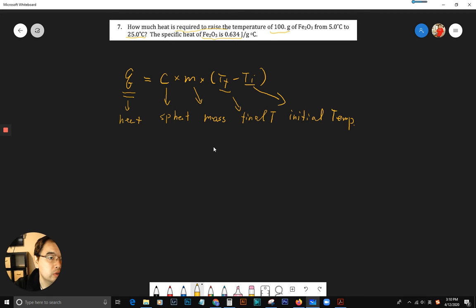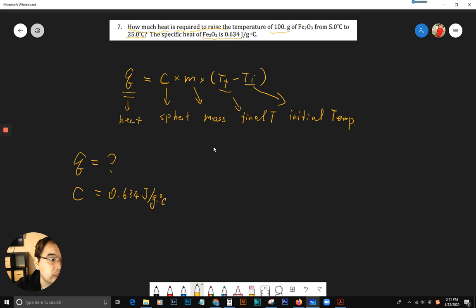Okay, so let's look at whether we have all the parameters. Do we have a Q? Actually, we don't. We are looking for the Q, the heat, how much heat it will require. Do we have the C, specific heat of the iron oxide? We do, which is 0.634 joule per gram per Celsius.